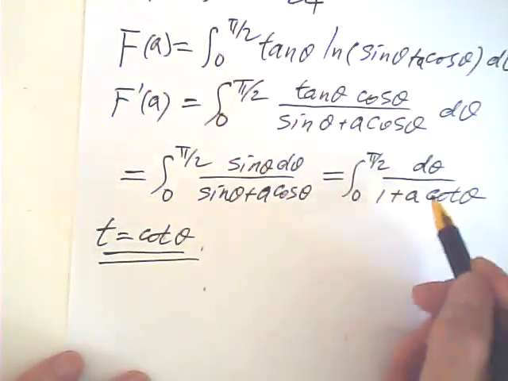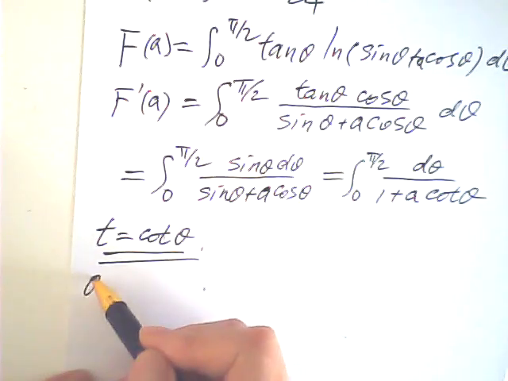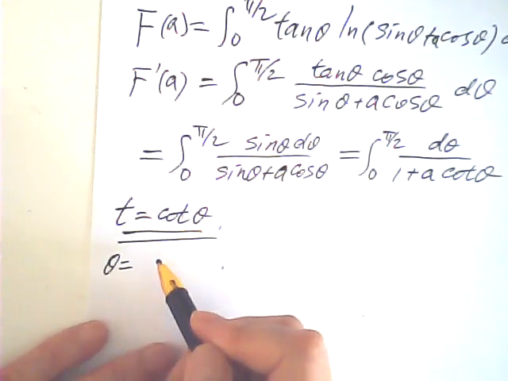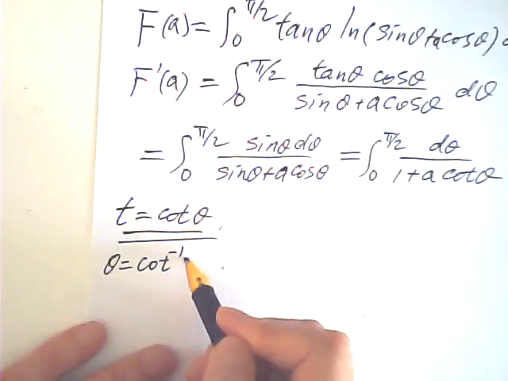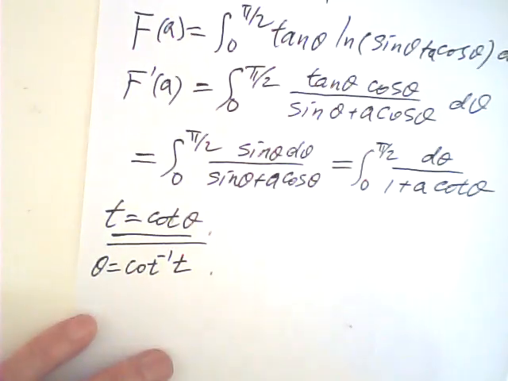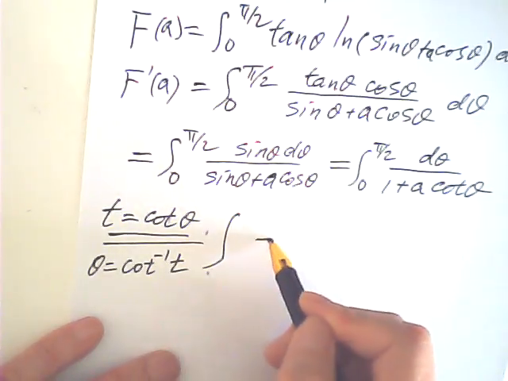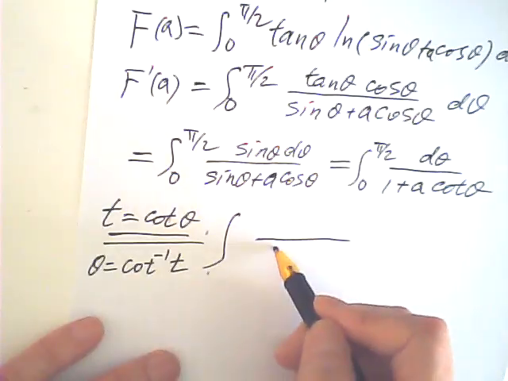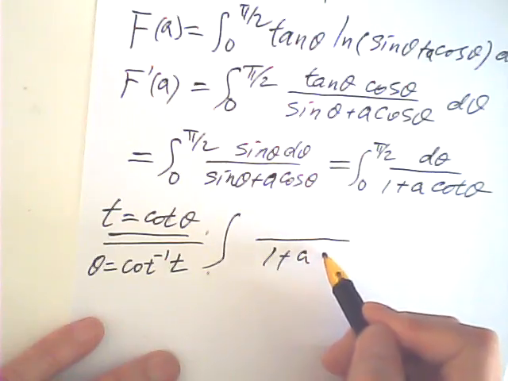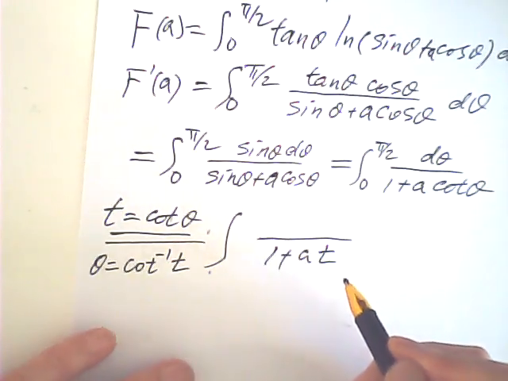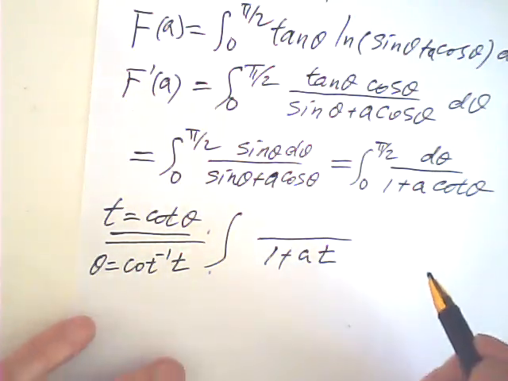This is t, and theta will be arc cotangent t. So this integral becomes 1 plus a t. Yeah, that's correct.